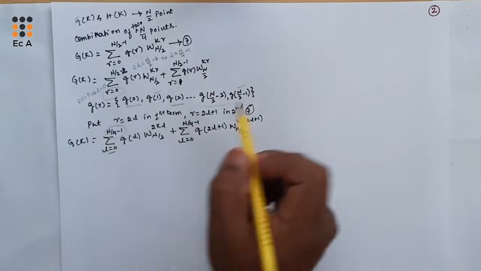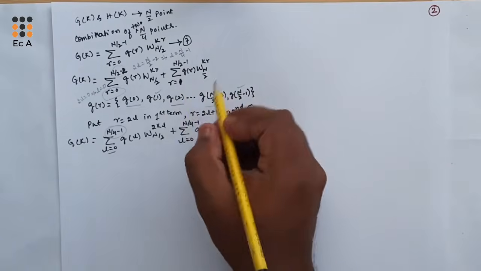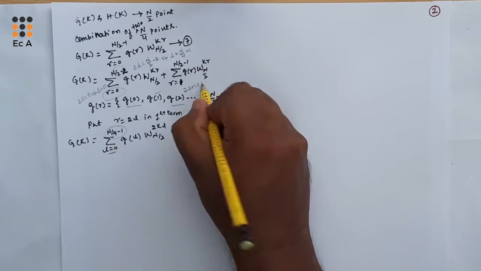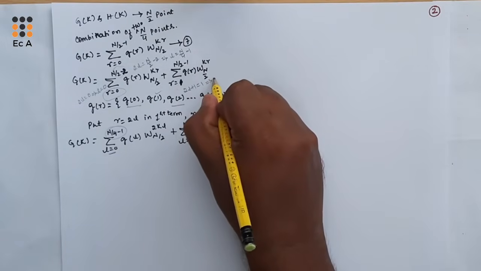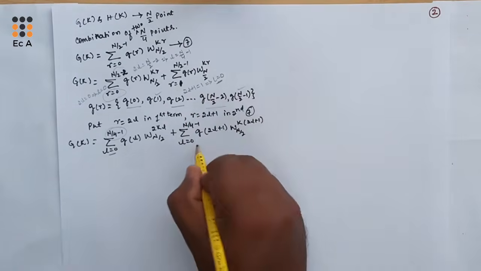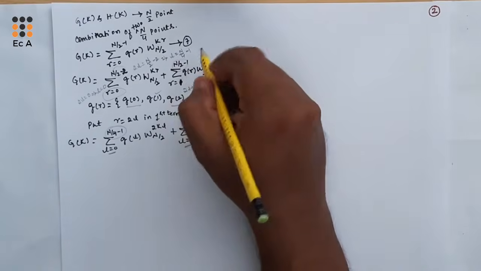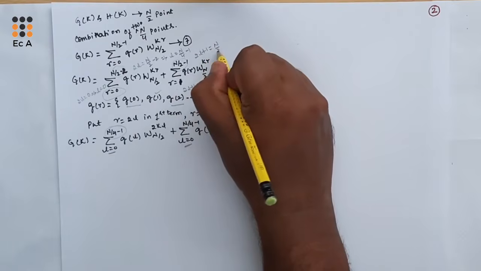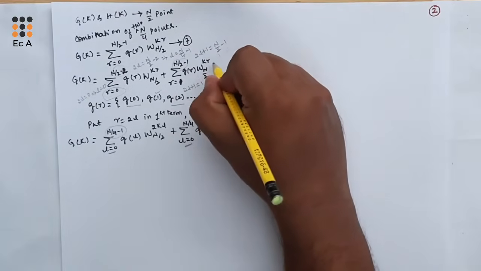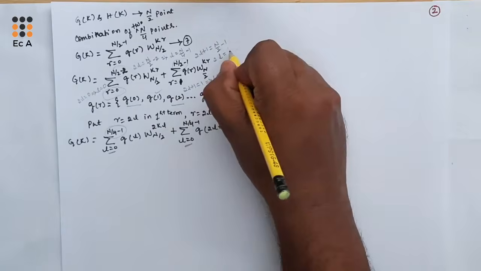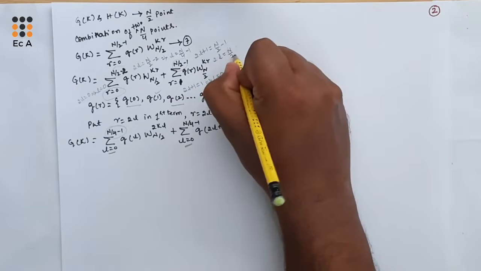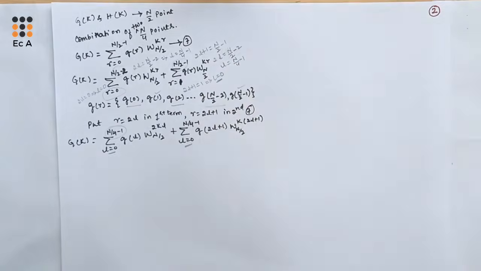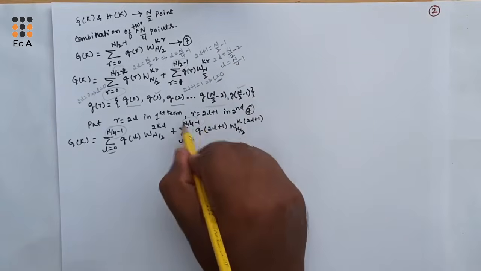So that is what we have written here, and here if you put 2l plus 1 is equal to 1, from this we can write l is equal to 0. So that is what we have written here. For the upper summation it will be 2l plus 1 will be equal to n by 2 minus 1. So we can write 2l is equal to n by 2 minus 2, l is equal to n by 4 minus 1. So that is what we have written at the upper summation.